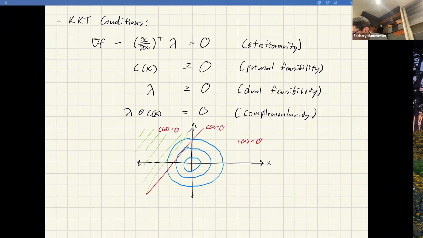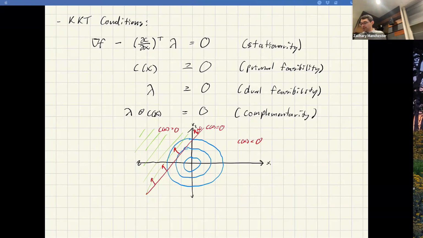Okay, so now let's think about these KKT conditions a little bit and draw some vectors. In particular, which direction does grad C point in this picture? Up and to the left, in the direction of increasing C. So this is the normal vector to the constraint. And maybe draw some of these.